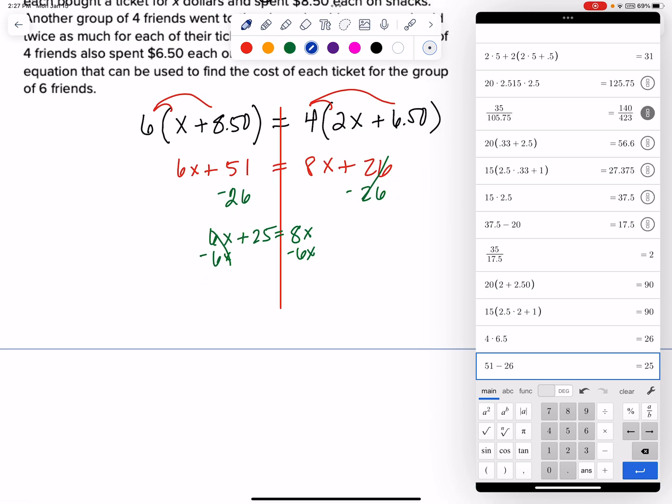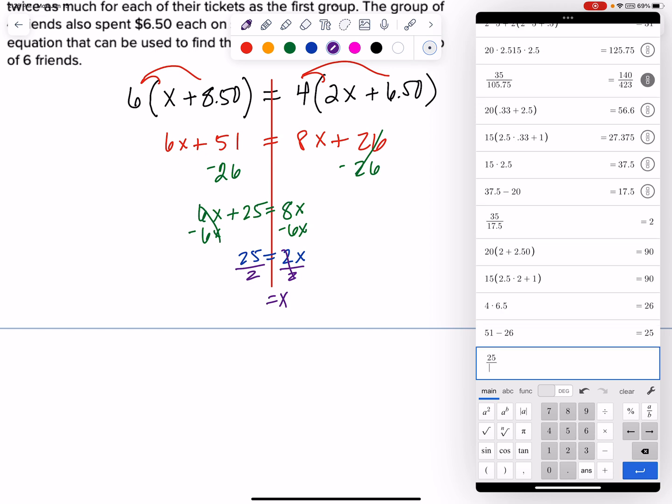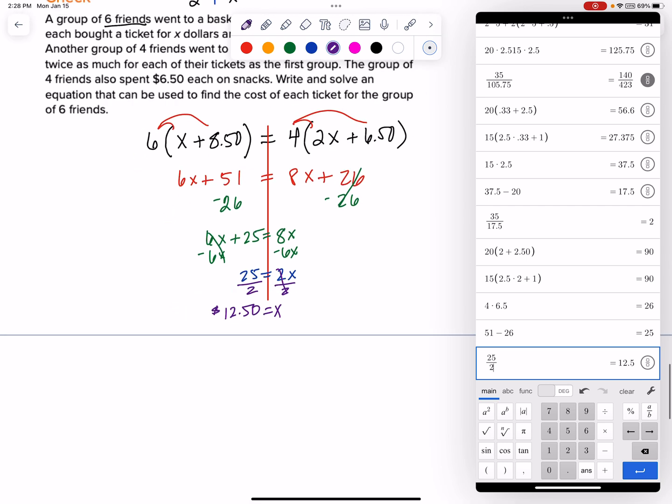And we now have 25 equals 8 minus 6 is 2x. And then we need to isolate the variable, so divide by 2, divided by 2. Cross that out, and we have x equals 25 divided by 2 puts us at $12.50. Should be a ticket price.